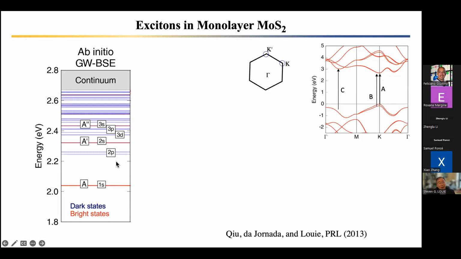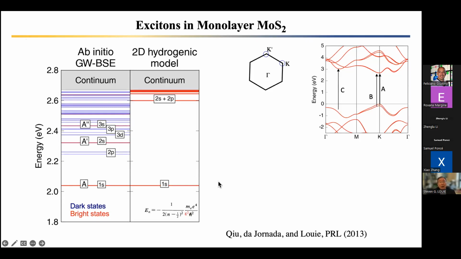And what's even more interesting is that the higher angular momentum states, in fact, have lower energy than the low angular momentum states. That is somewhat surprising, because if you were to do a textbook hydrogenic model calculation for this system and fit the dielectric screening to arrive at the 1s level of the exciton to agree with the ab initio calculation, you will get a result given here.